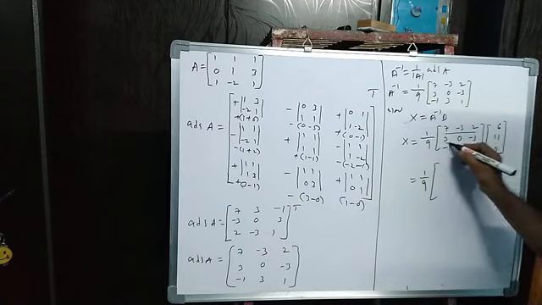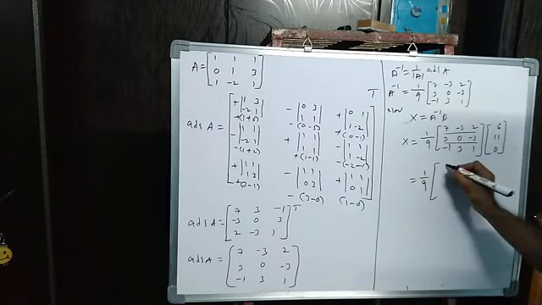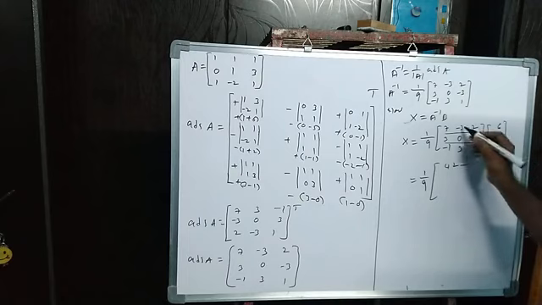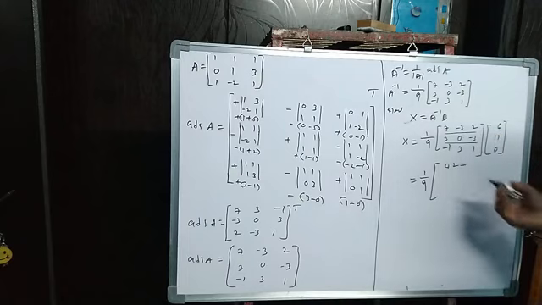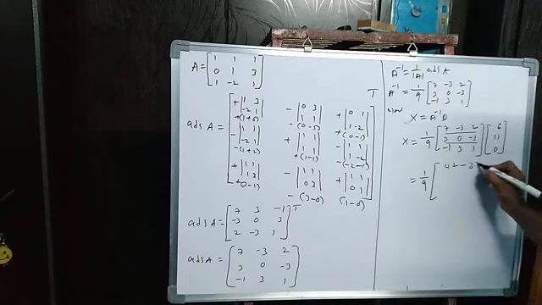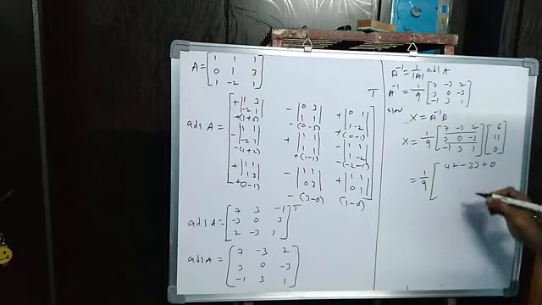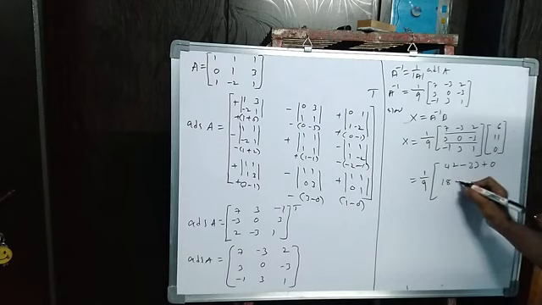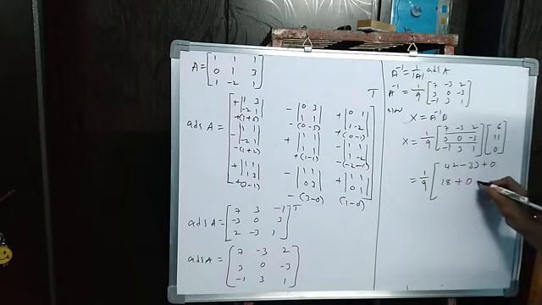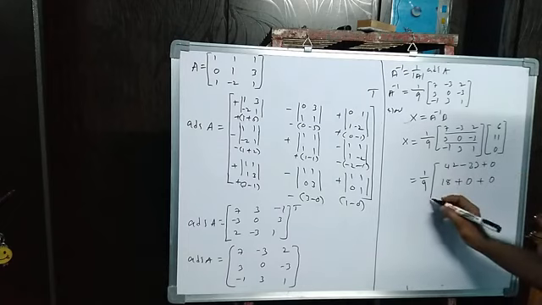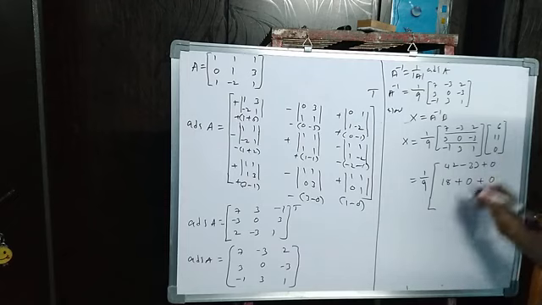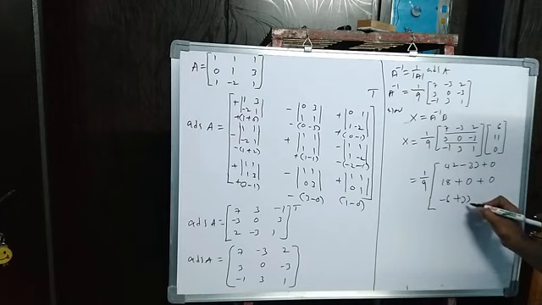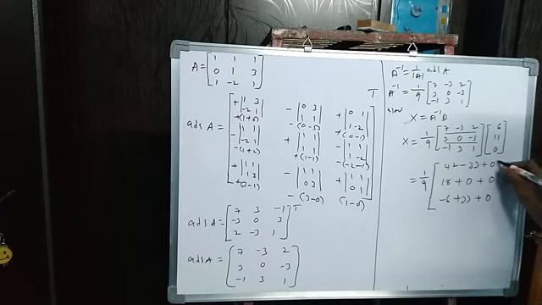First row: 7 into 6, 42, minus 3 into 11, minus 33, plus 0. Second row: 3 into 6, 18, 0 into 11, 0, minus 3 into 0, 0. Next, minus 1 into 6, minus 6, 3 into 11, plus 33, plus 0.